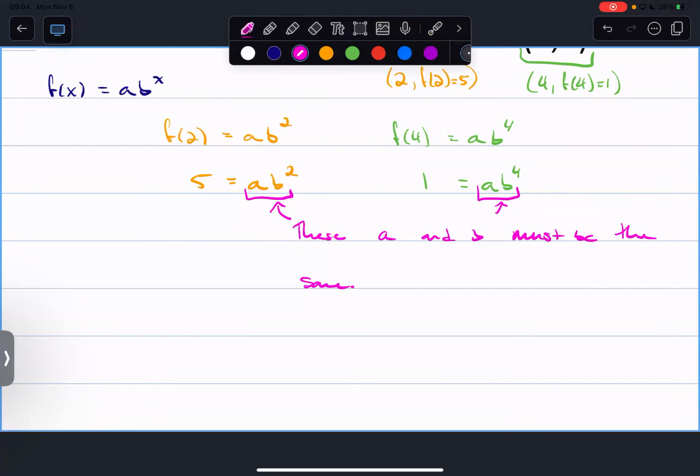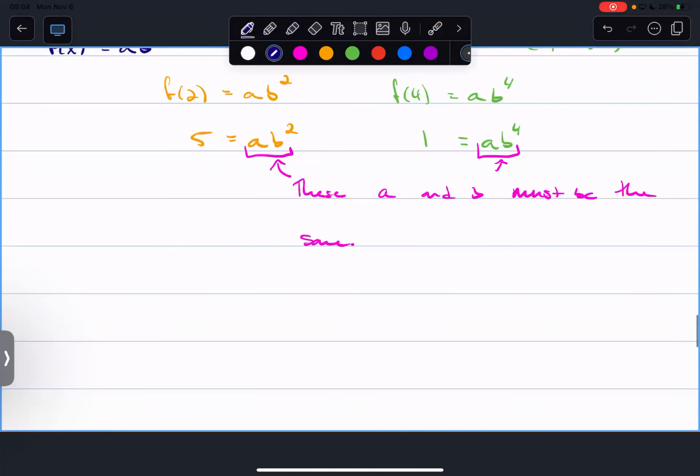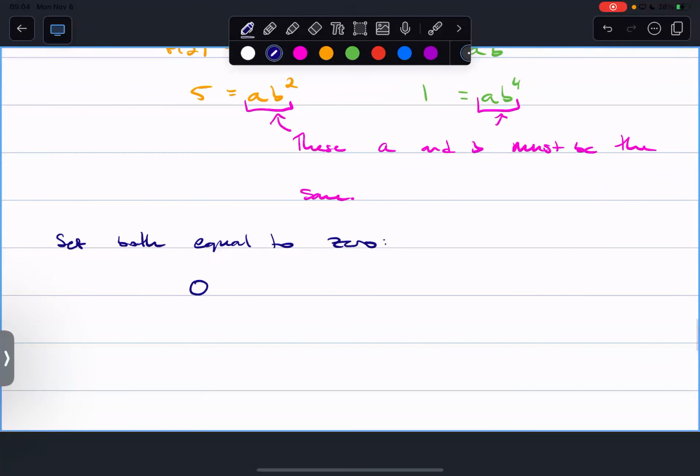And so here, set both equal to 0, which means that 0 is, oh, and maybe, just to emphasize it, I'm going to have a times b to the power of 2 minus 5 is equal to 0.